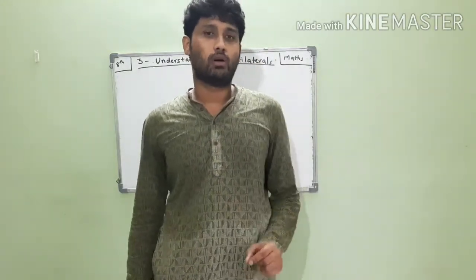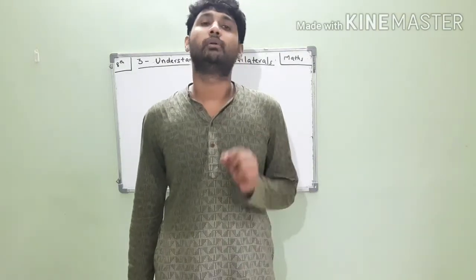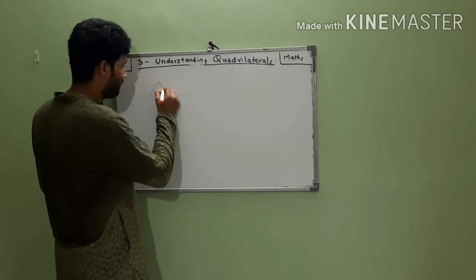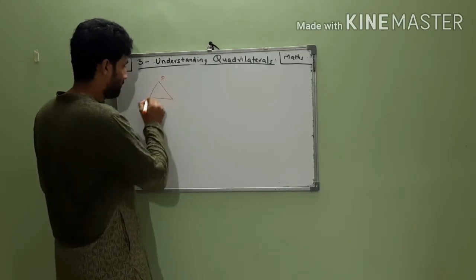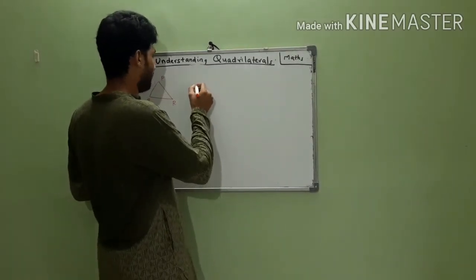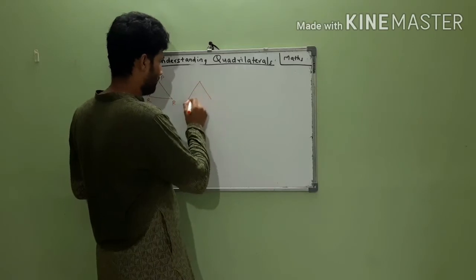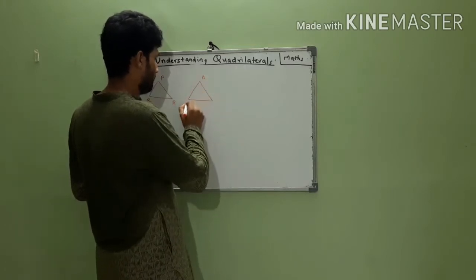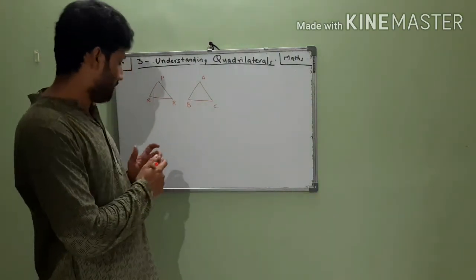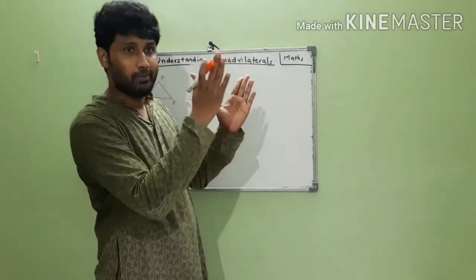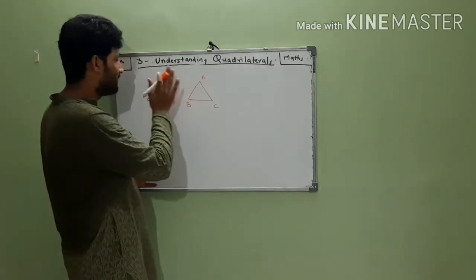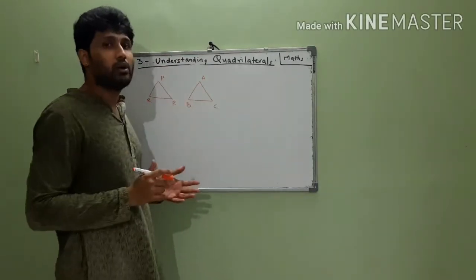Let us quickly talk about congruence of a triangle and similarity of triangle. So, if I have a triangle PQR, right, and another triangle which is A, B and C. If I am able to place PQR on ABC and overlap it exactly, which means if I put ABC on PQR, the whole of triangle PQR will be hidden.